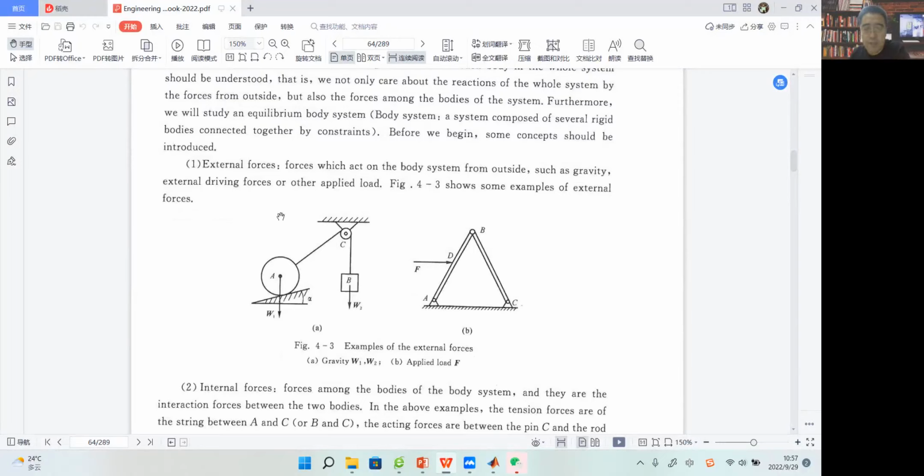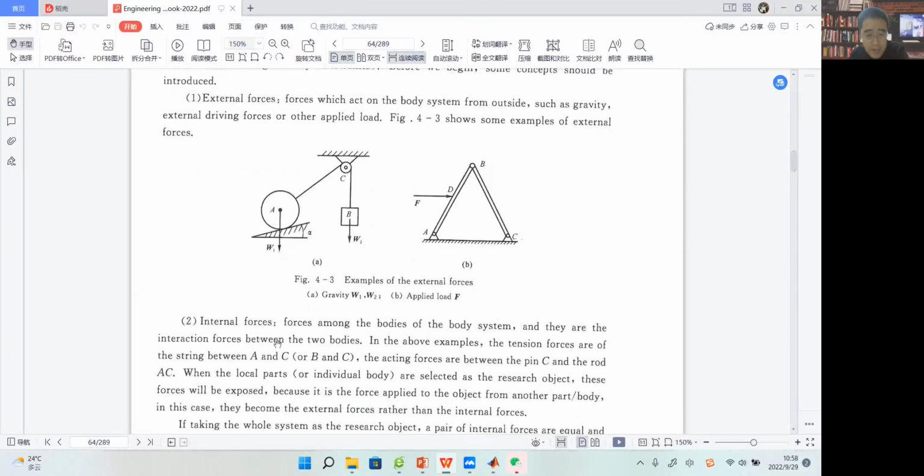So from this figure, we can find the gravitational force of this ball, W1, should be an external force, right? And this gravitational force W2 of box B should be another external force, or active force, right? And there are no other external forces.